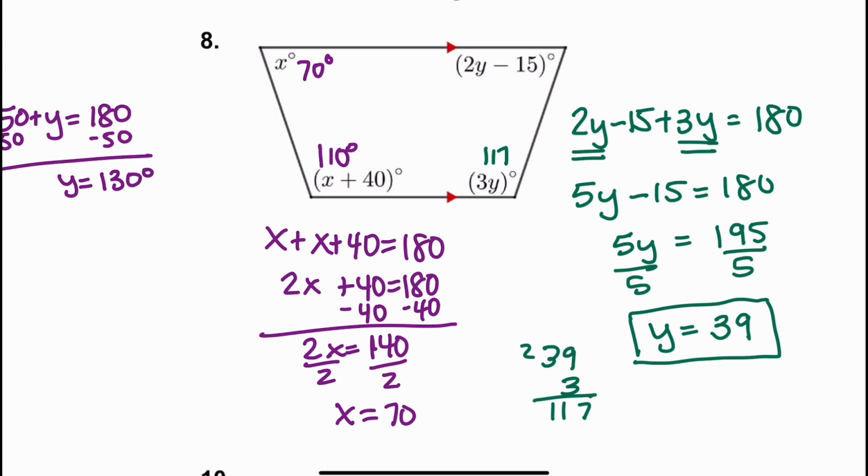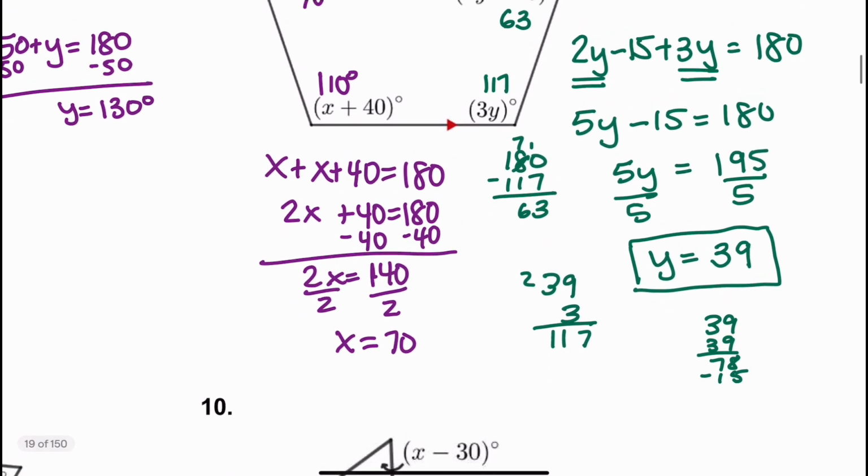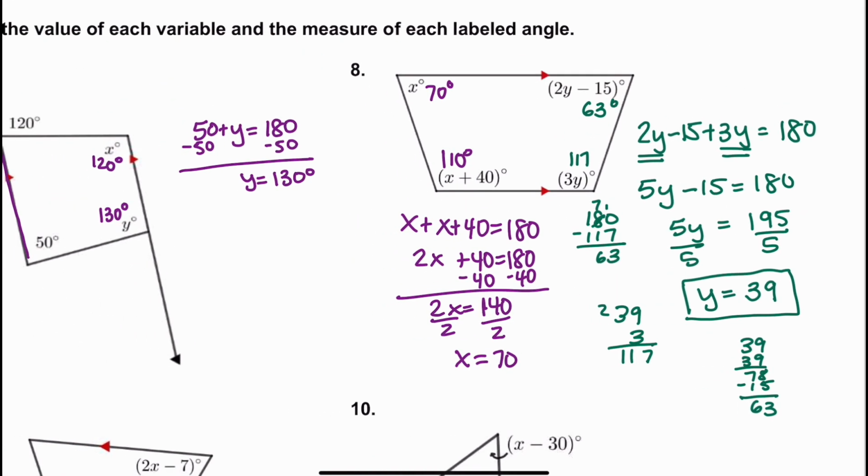I could take 39 times 2 and minus 15, or I can take 180 minus 117. And that would be 63 degrees. Now, if I took 39 times 2, and minus 15 from that, I'm going to also get 63 degrees. So either way you do it, you always get 63 degrees there.